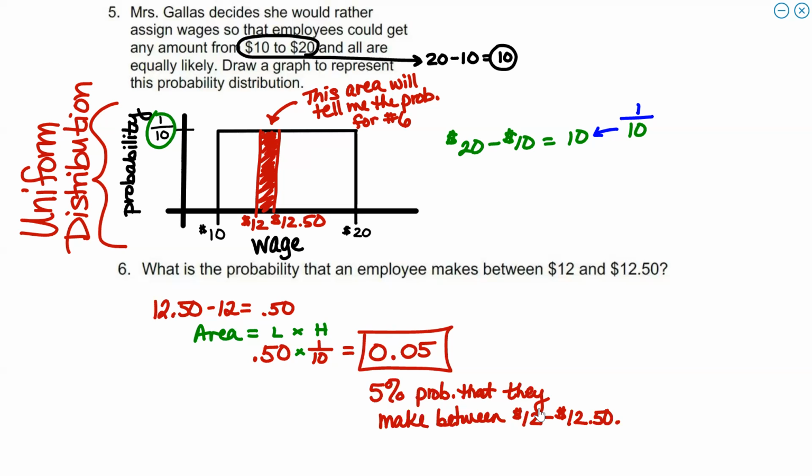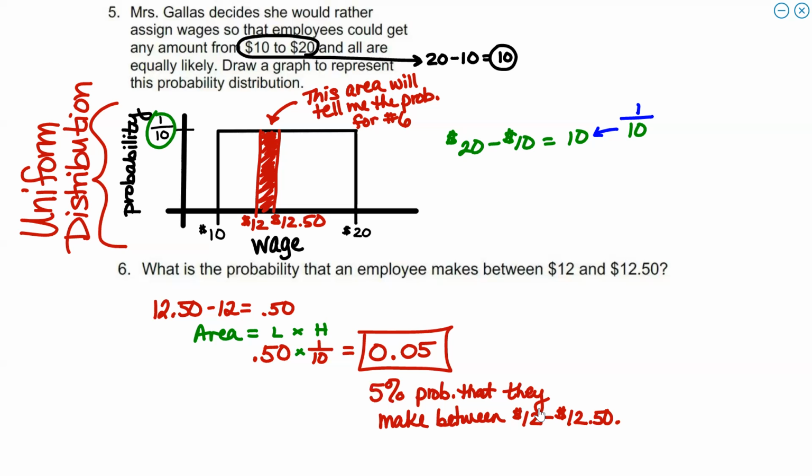When I had you pull the cards? Could you get paid $8.26 an hour even though that was our average? Do you think that was a value that I had on any of these cards? No. The values that I had on the cards matched what we had in the table. I had 1, 5, 7, 10, 15, and 25 written on the cards. That would be discrete data.